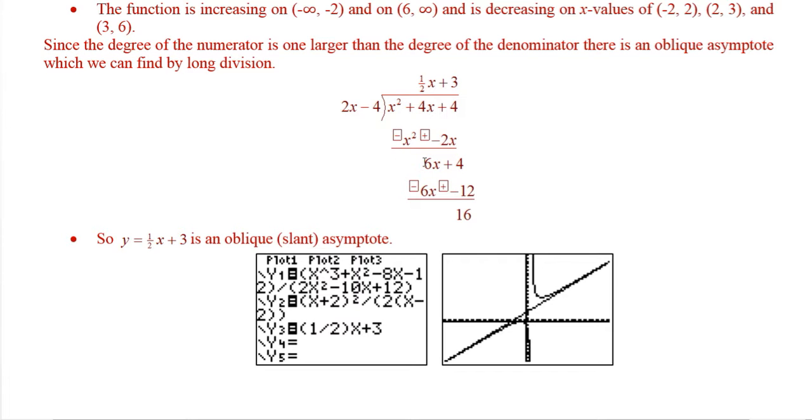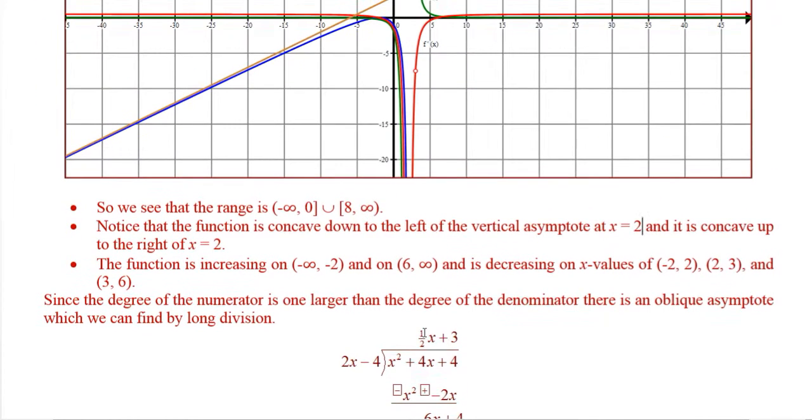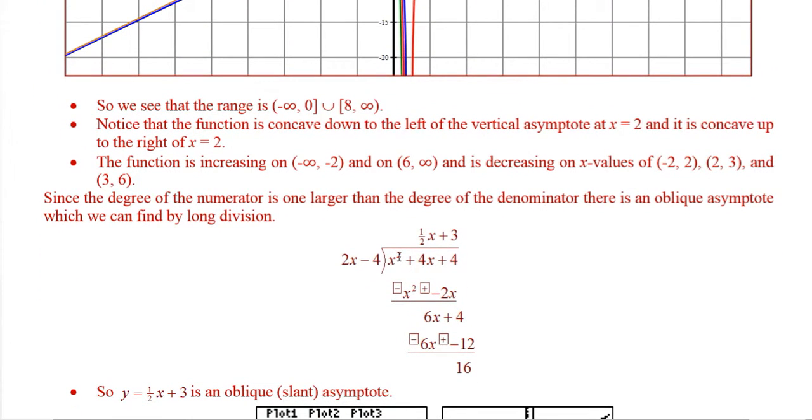So, what we're saying is another way to write the original function is 1/2 x plus 3 plus 16 over 2x minus 4. Actually, that even reduces. So you could say 1/2 x plus 3 plus 8 over x minus 2.